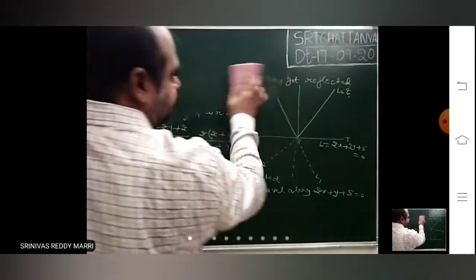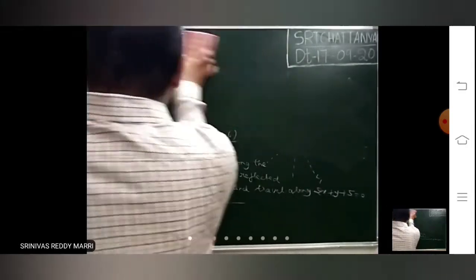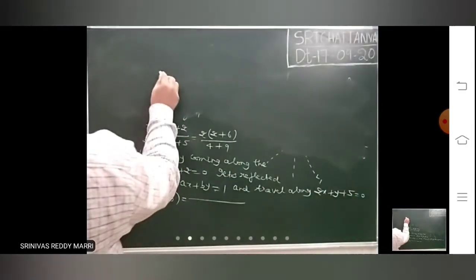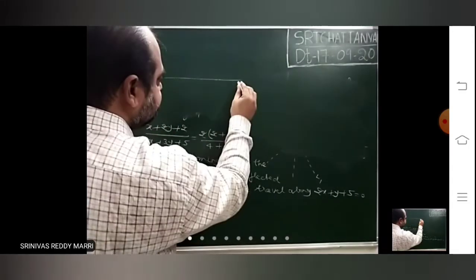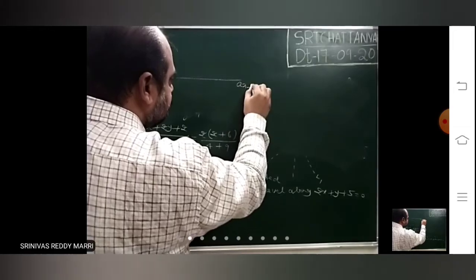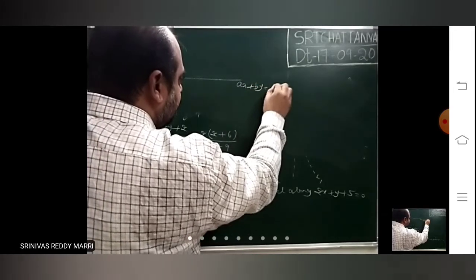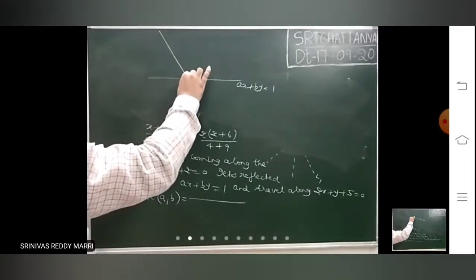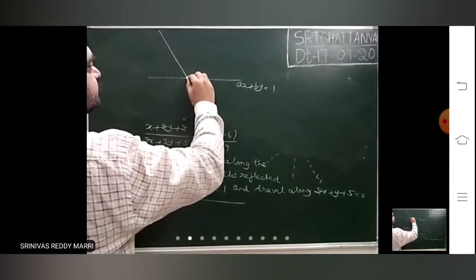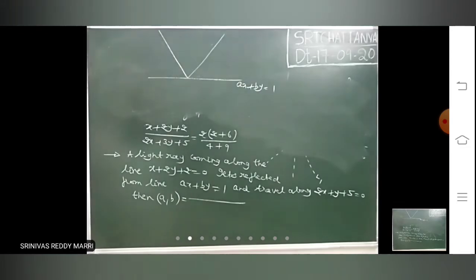Look at this problem. So this is ax plus by equal to 1. Look at like this, it is traveling.